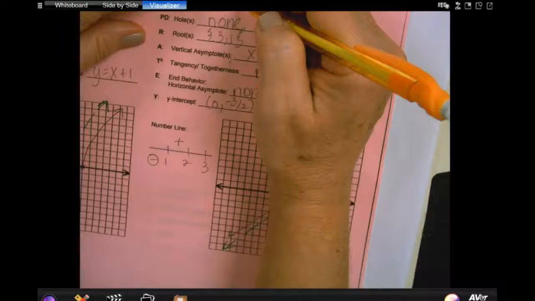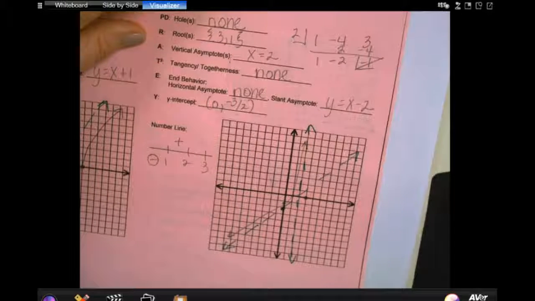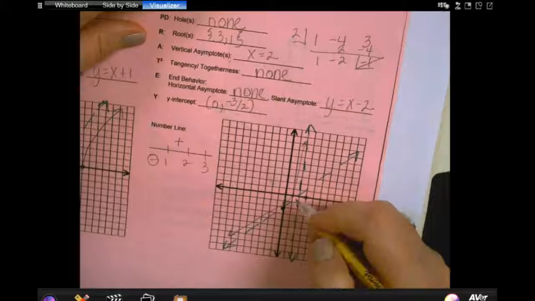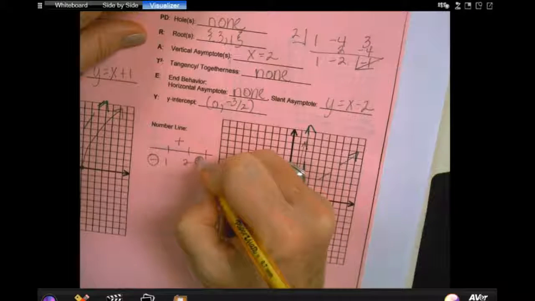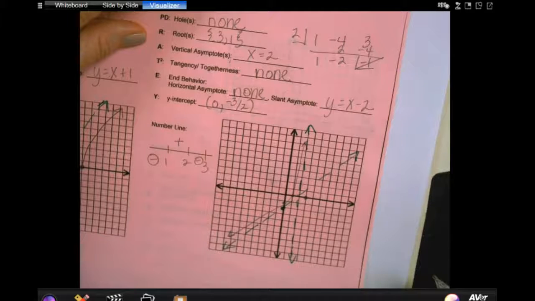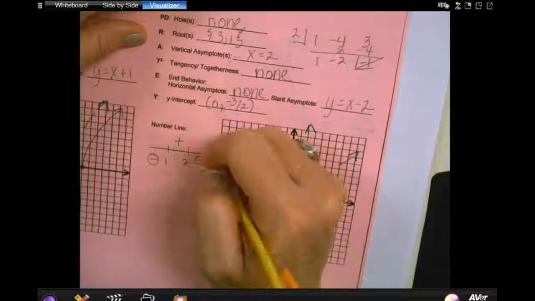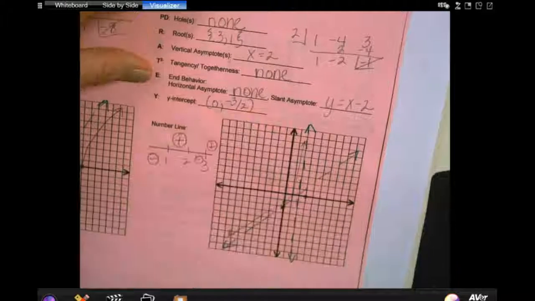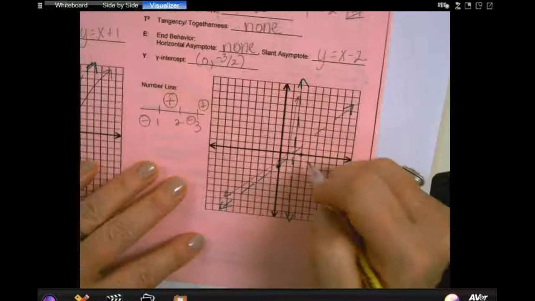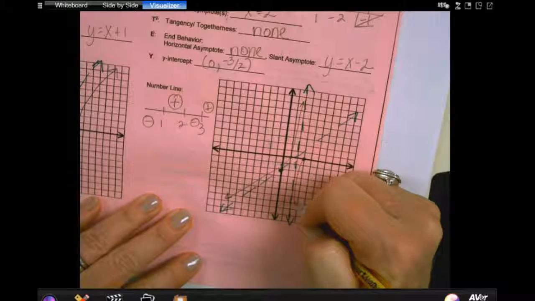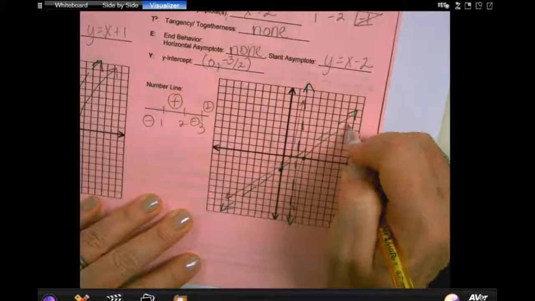I get negative divided by positive, so it's negative. And then from 3 on, positive. So this is negative, and this is positive.